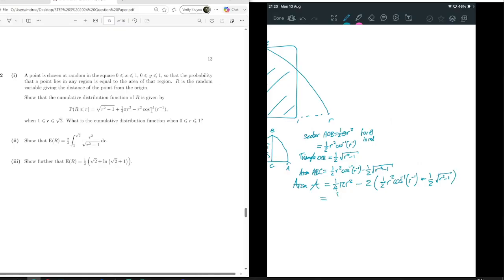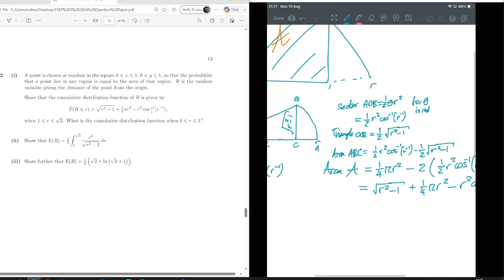So let's put it in the order that the question's given it as well. So this is root r squared minus 1 plus, minus. And voila. And the whole reason of doing that, this is exactly defined as the probability that we're less than or equal to r for 1 less than or equal to r less than or equal to root 2.